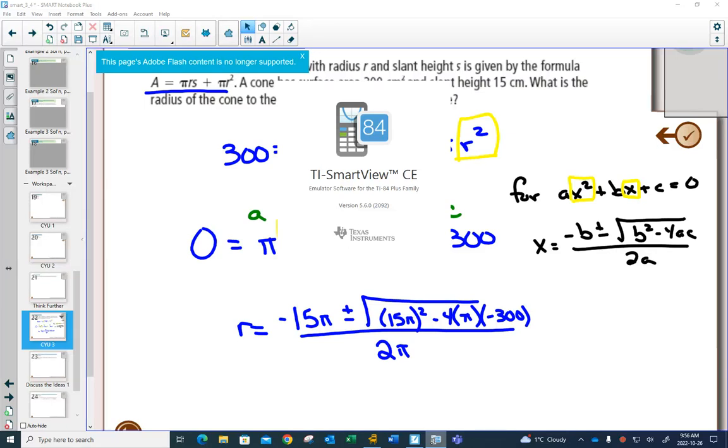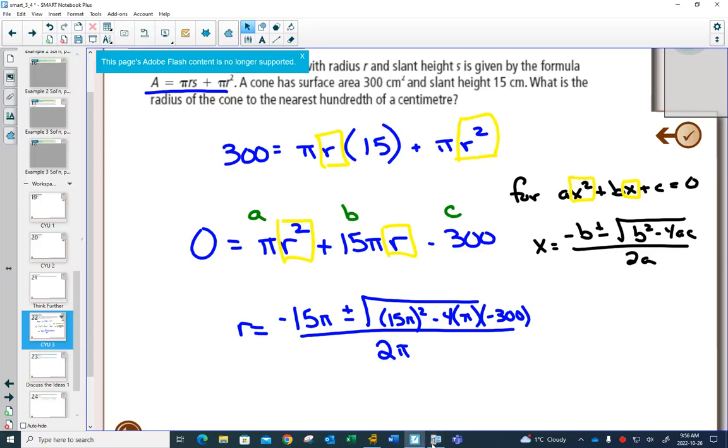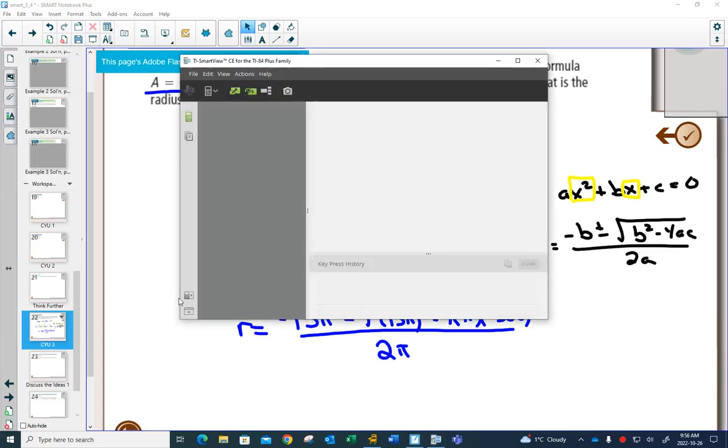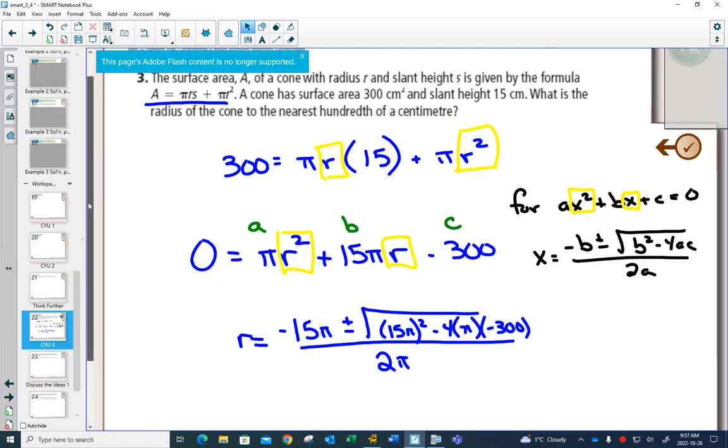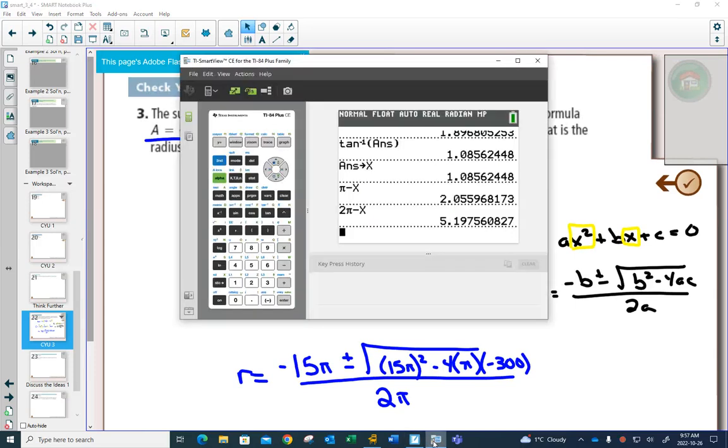Because a question like this one, you wouldn't have to simplify how we've simplified other ones with just numbers. This one's looking for an answer as a decimal. It even says to the nearest hundredth. That's a hint that you can just use your calculator to find the answer. So now that I've typed it into my formula, I pull out my calculator.